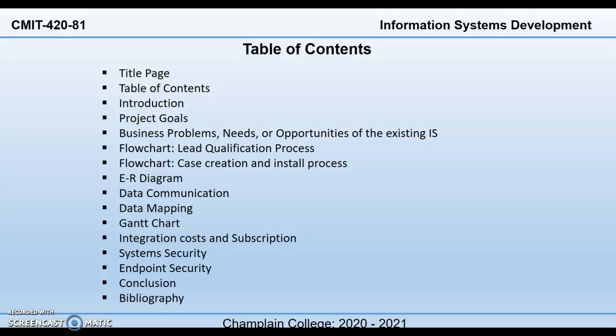We'll have a lead qualification process and the case creation and install process, the ER diagram, which will be the relationship diagram for the database, data communication, data mapping, the Gantt chart, integration, cost and subscription, systems security, the endpoint security, conclusion, and then we will close up with the bibliography.